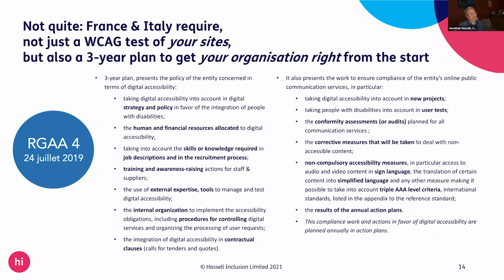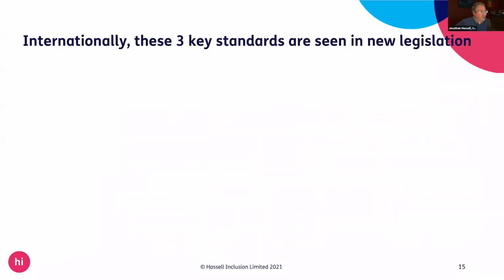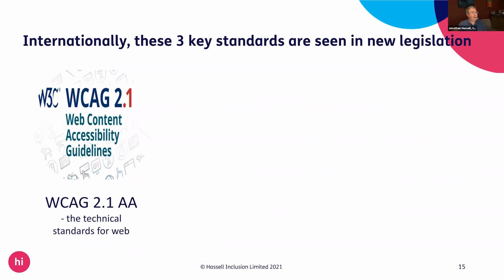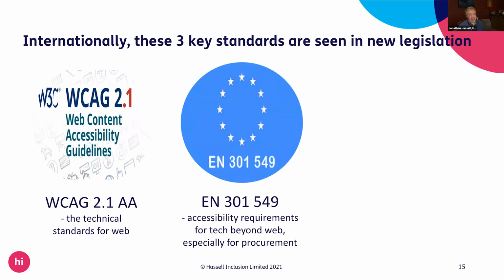Effectively, the good news is that most of the international community is coalescing around 3 different standards. They are WCAG 2.1, especially at the level AA, EN 301 549. So if WCAG is the technical standard for the web, EN 301 actually started out as a procurement standard, but it's very much around procurement, not just for web, but also for non-web software and hardware and things like that.